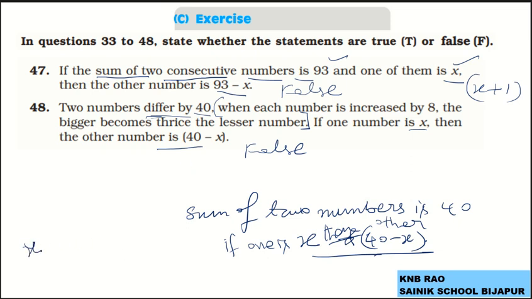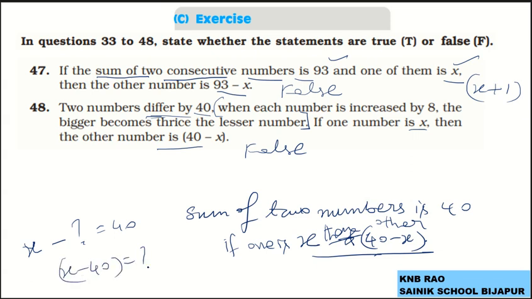let us say x is the one and the difference with something gives 40, means this something is, if you want to find the subtrahend, it will be x minus 40.